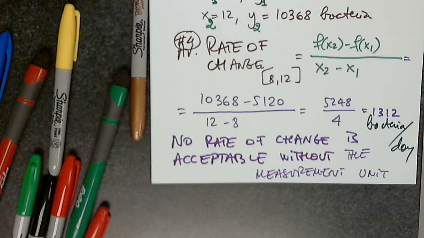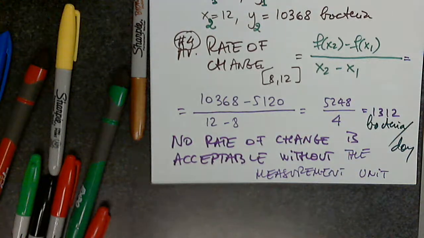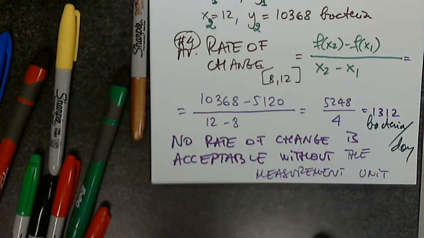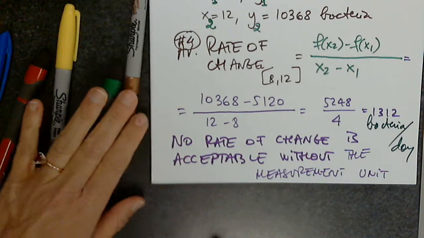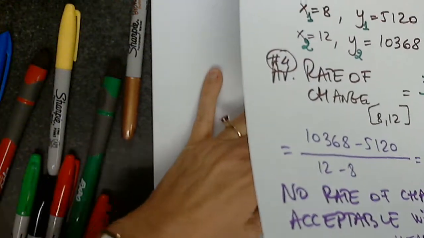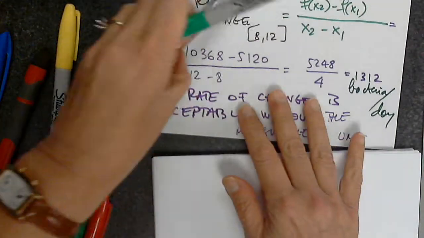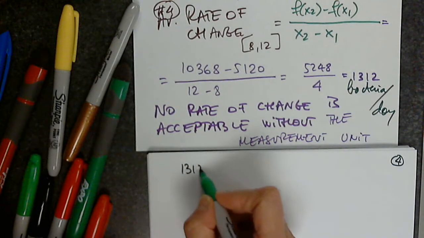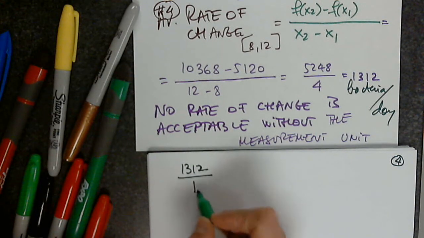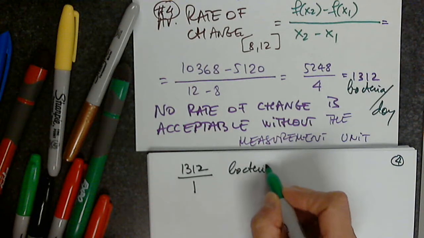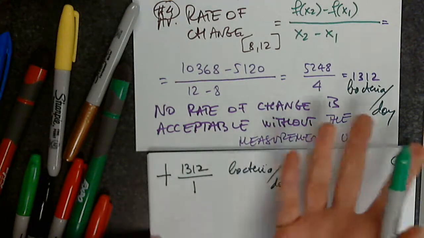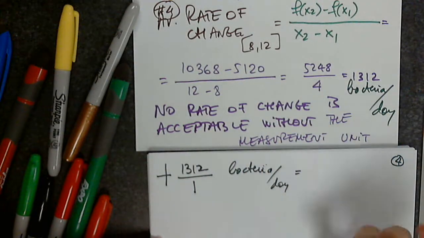Yes, since it's a ratio, it has to have a measurement unit that comes from the top and a measurement unit that comes from the bottom. Therefore, it's number of bacteria per day. Very good. Now, what does this really mean? One more time. It means 1,312 divided by 1 bacteria per day, which means since it's positive, it's a positive slope.